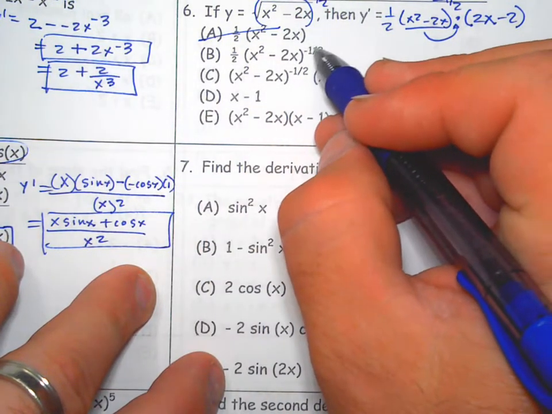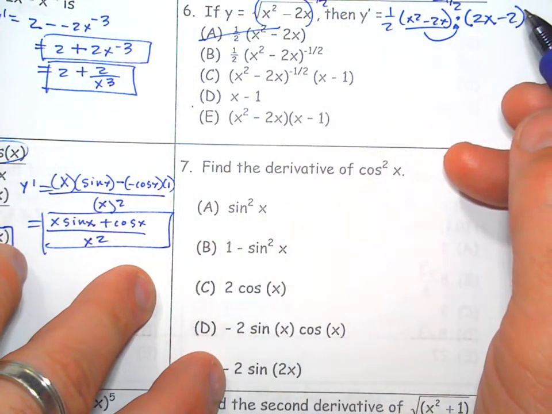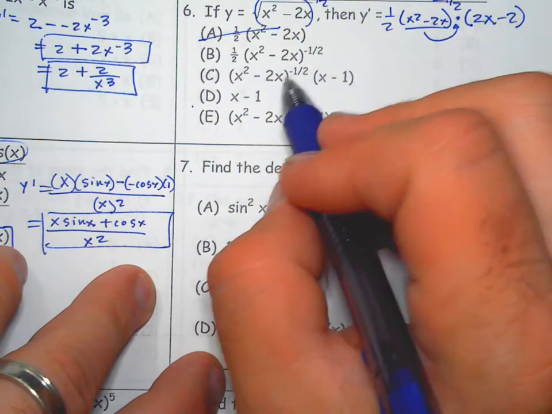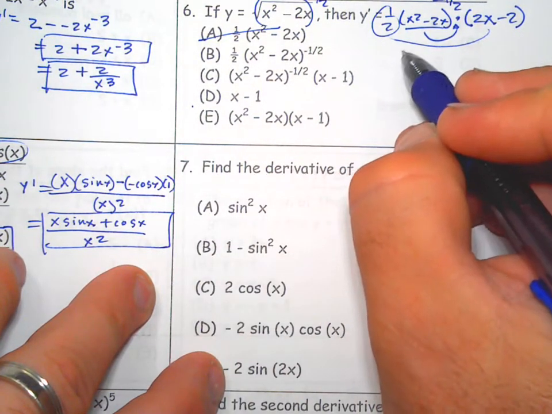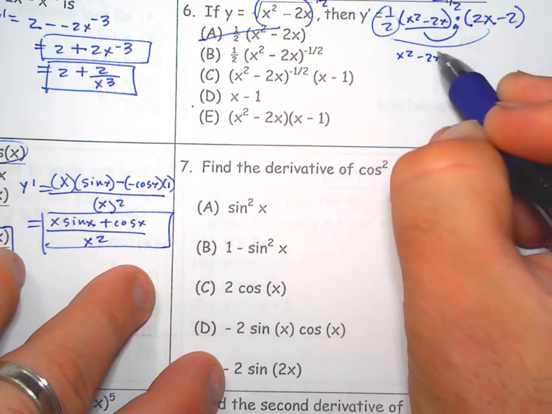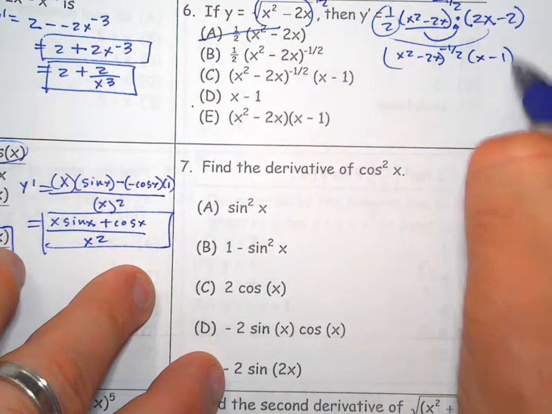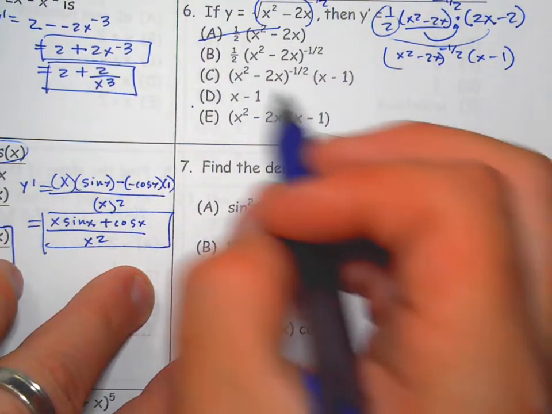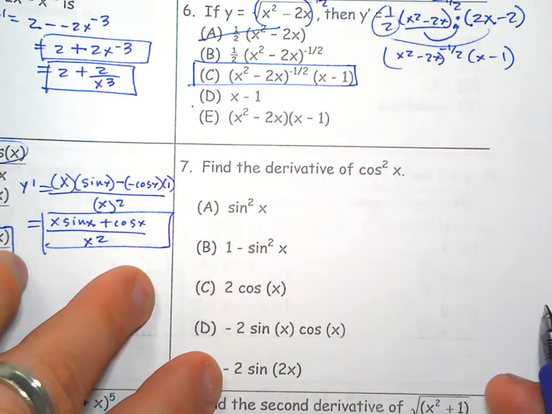I don't know what this one looks like. Do we see it there? Oh, okay. We could bring this 2 into there, and we get that. So that looks good. That looks like C. So sometimes you gotta do a little short.